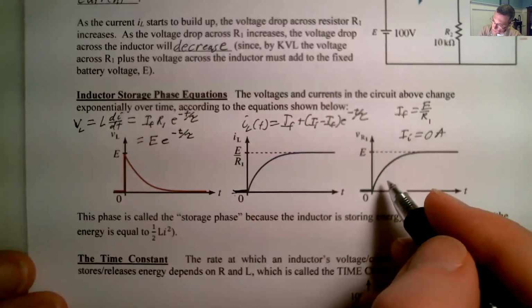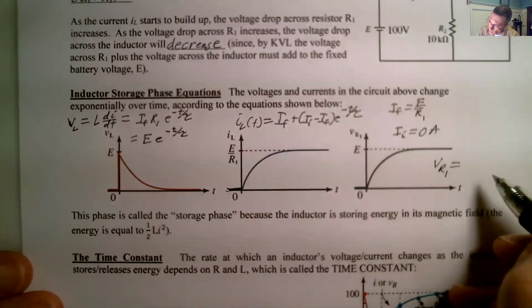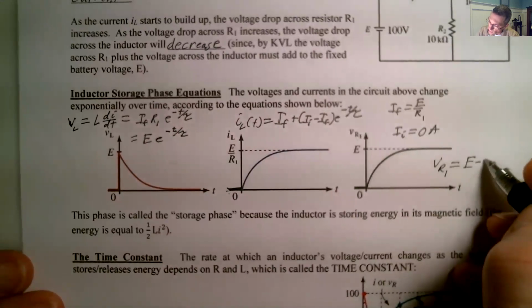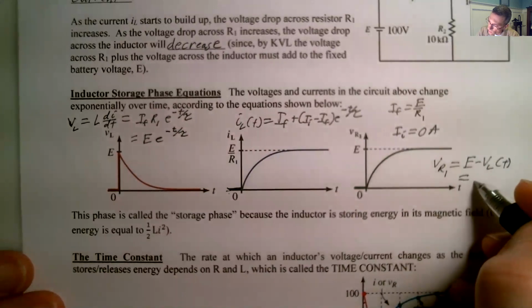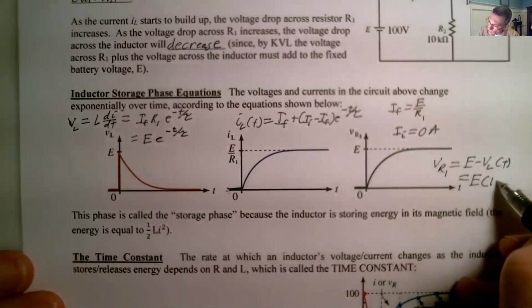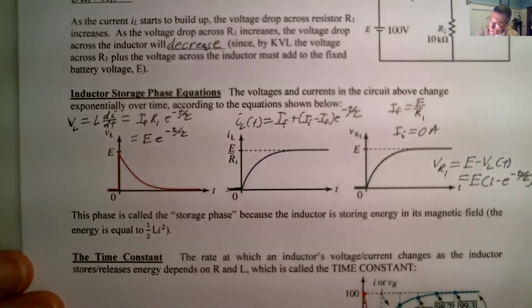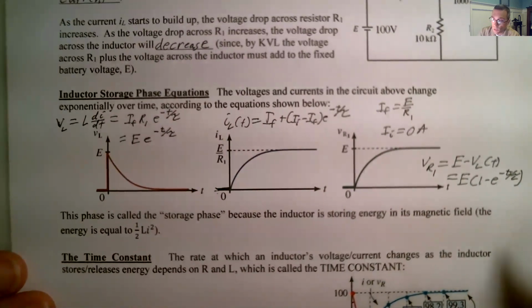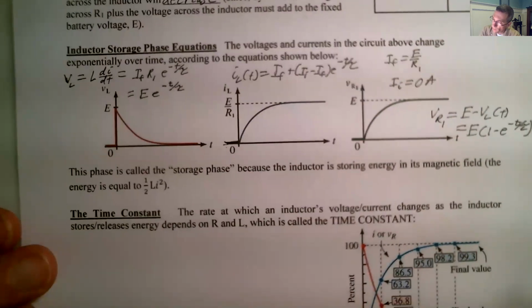But for the resistor, the voltage across the resistor is equal to E minus VL of t, so that's equal to E times (1 minus e to the minus t over tau), because the E is in both. VL has that E there, all right?